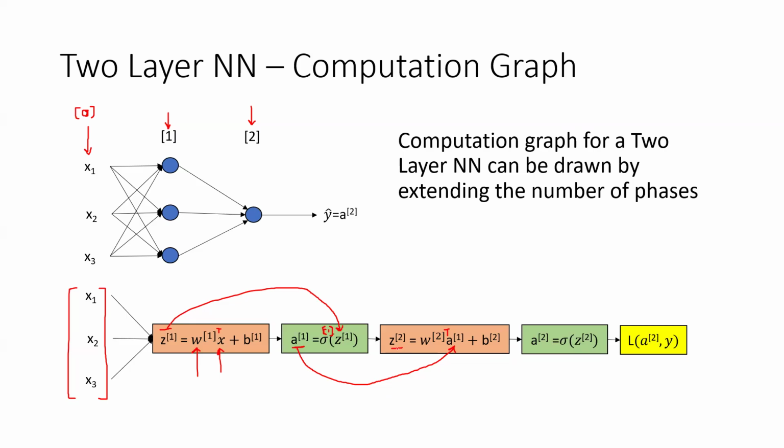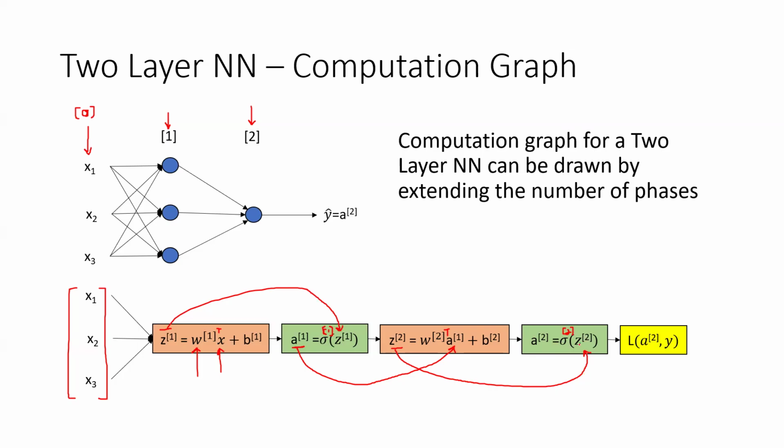So once you get the Z value, or the linear combination of the second layer, you can apply it in the activation function for the second layer, which is sigma 2 in this case. Sorry for my handwriting, you can have the sigma 2, which is the activation function for the second layer.